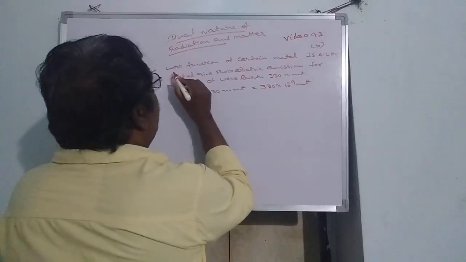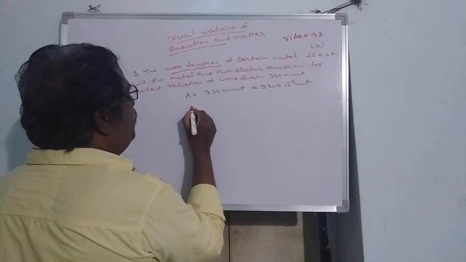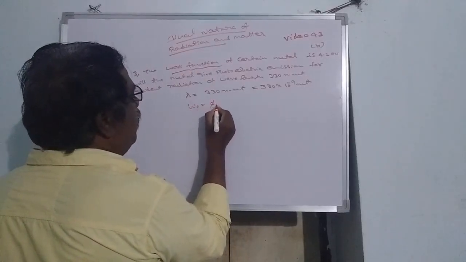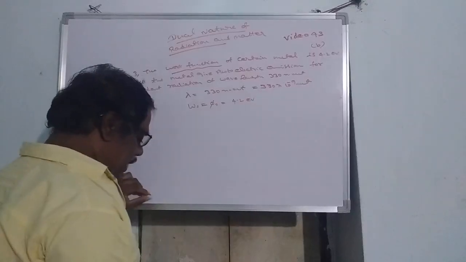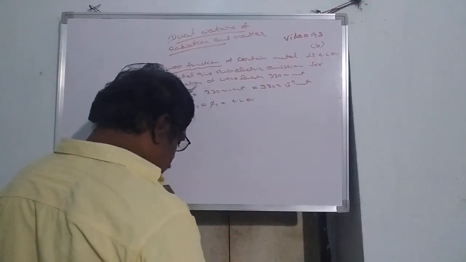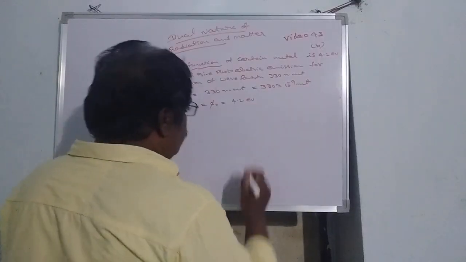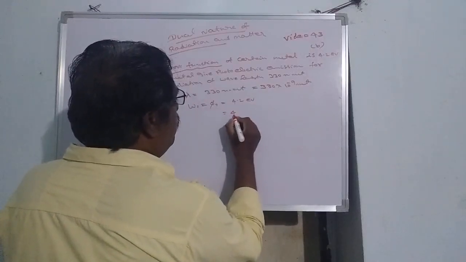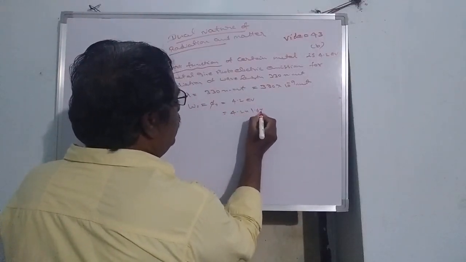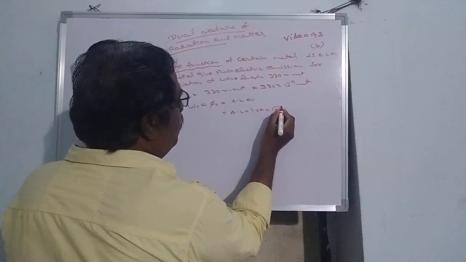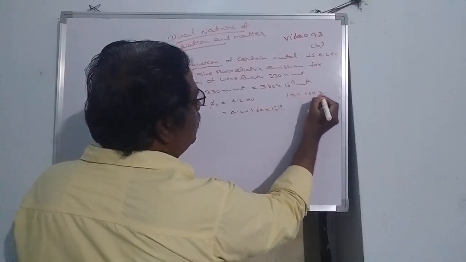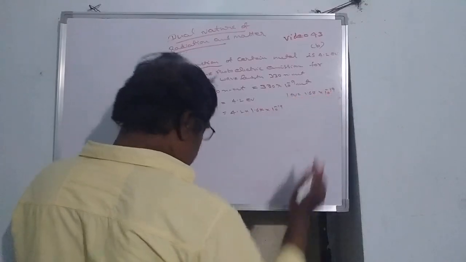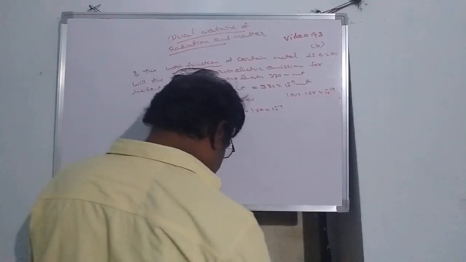Again, they have given the work function. Work function is denoted with W naught or phi naught. That is equal to 4.2 electron volt. 1 electron volt should be converted: 1 electron volt is equal to 1.6 into 10 power minus 19 joules.